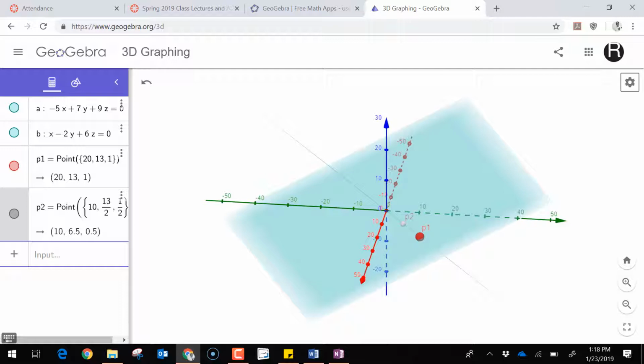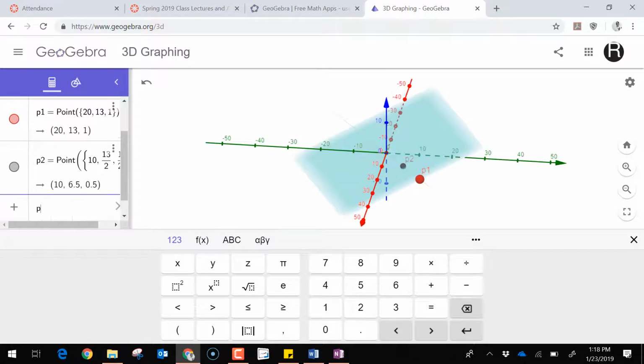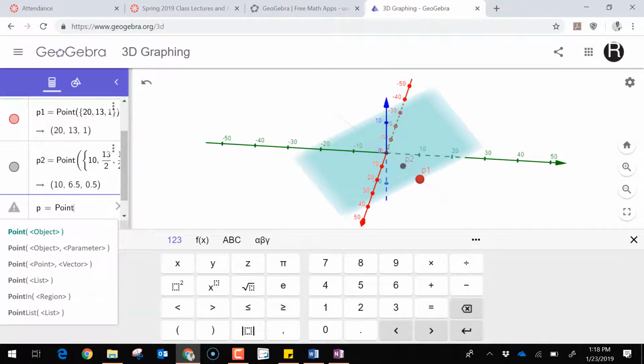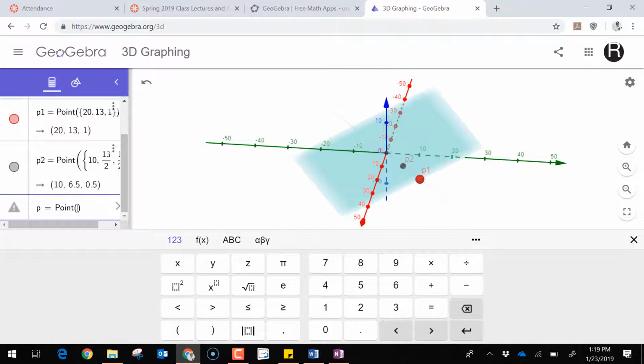I have to make up a whole new problem for that. Yeah, we could. Let's see. Let me just do one more thing here. P equals 20 times t, 13 times t, 1 times t.